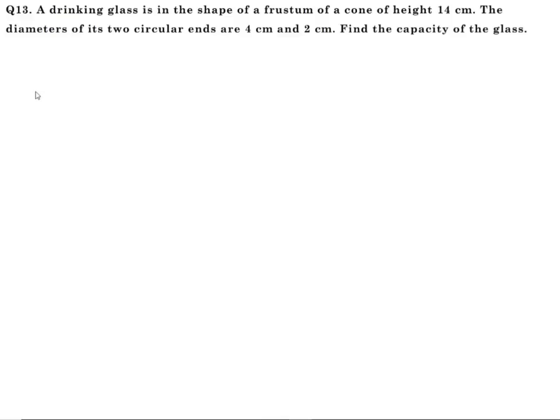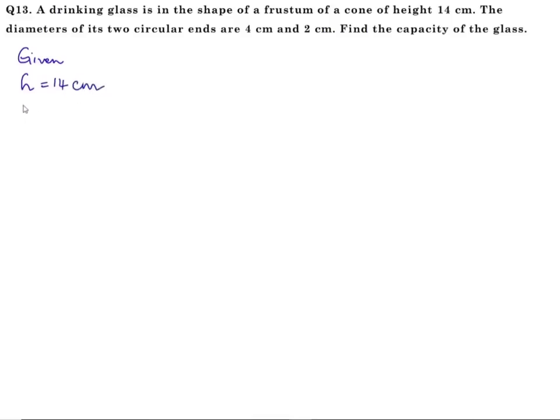When you are solving problems on frustum of a cone, the first step is to write down the given data. Understand the question. A drinking glass is in the shape of a frustum of a cone of height 14 centimeter.